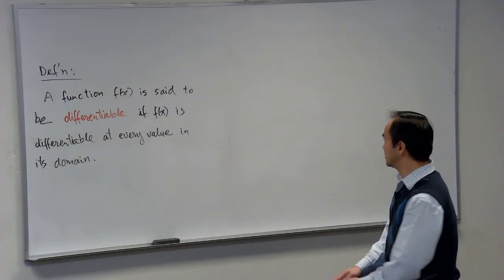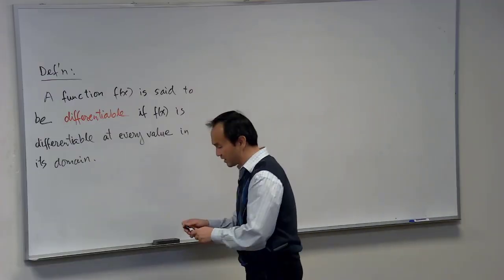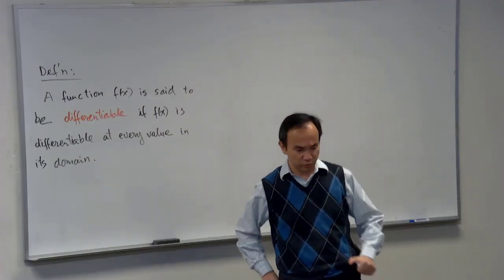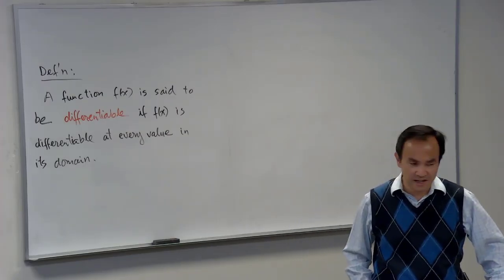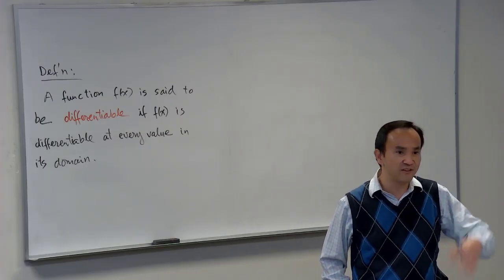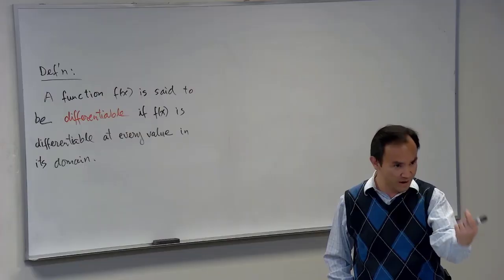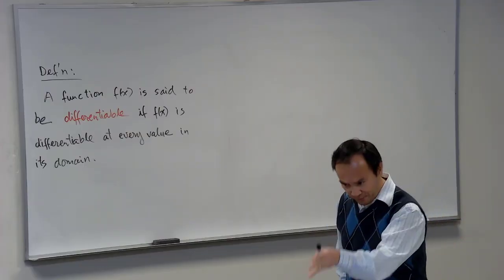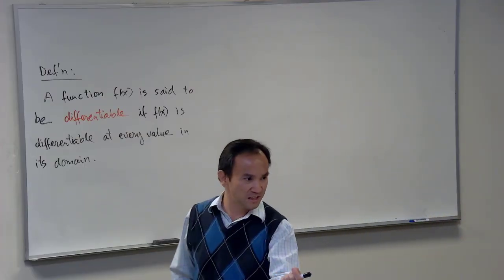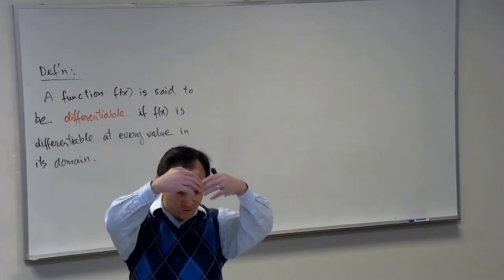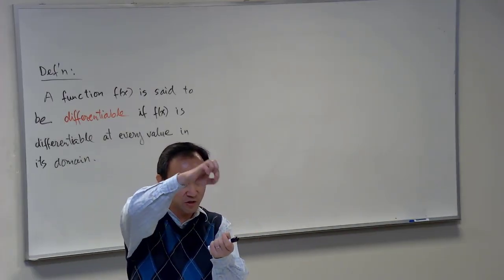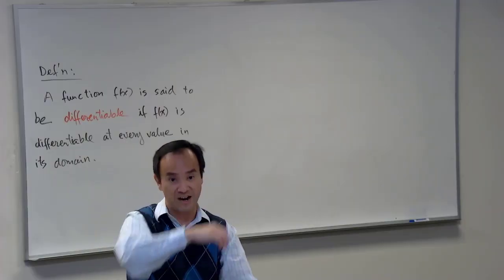So this is the ultimate final definition that we're putting in. Later on, people, and even including me, will keep referring to a differentiable function, a very short term. What does that mean? It means that if you see the graph, you can place a tangent line anywhere along that graph.